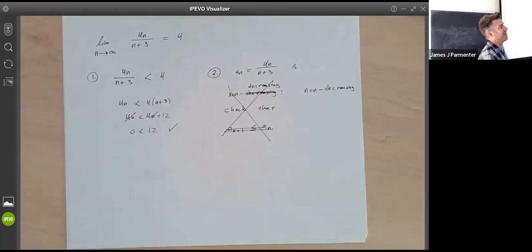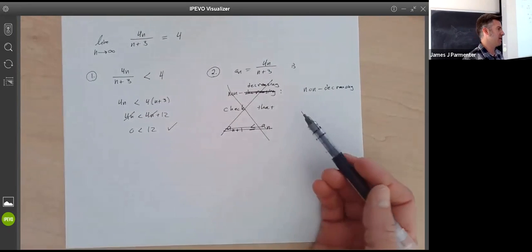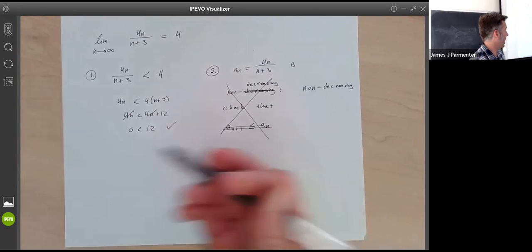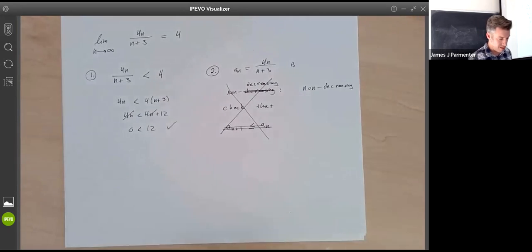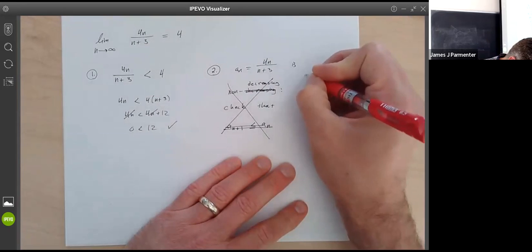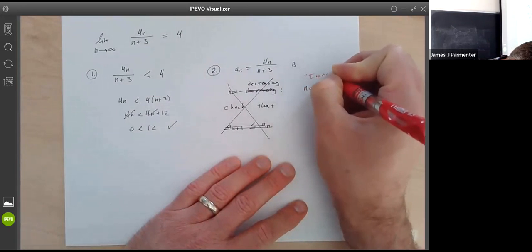Well, they're not exactly the same. Non-decreasing means the terms could be increasing or they could be staying the same, whereas increasing specifically means that they're getting larger each time. Increasing is a slightly stronger requirement that we don't actually need, so that's why we say non-decreasing. But for the most part, you should think of this as essentially increasing here.